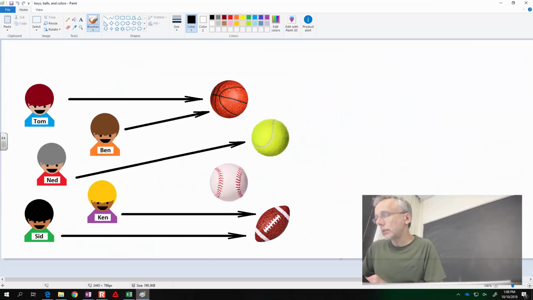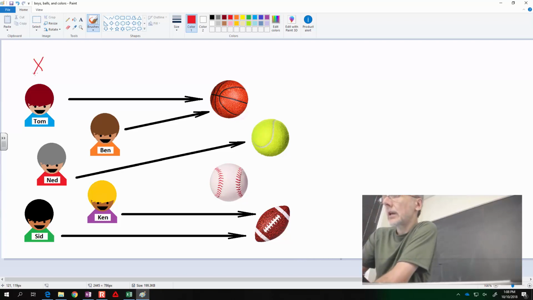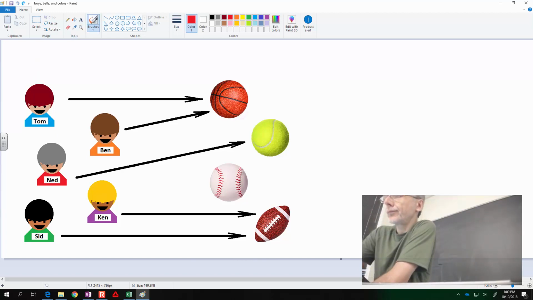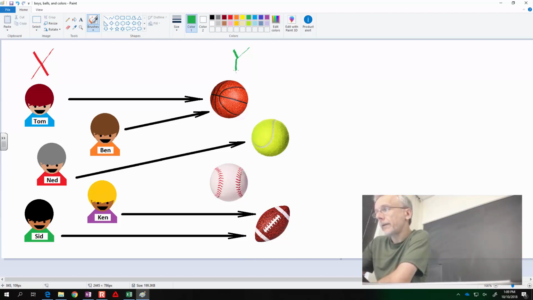So the problem, I want to start here again. As you can see, what we're looking at here is 2 sets, X and Y. One has 5 elements, the other one has 4.